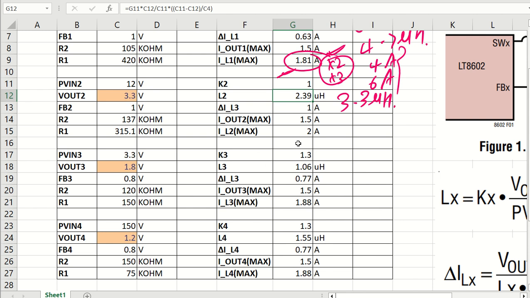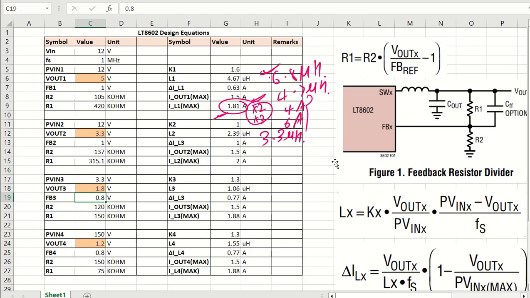coming back to PV in 3. So PV in 3, I am going to take this voltage output as voltage input for PV input 3, and in that case FB3 is 0.8, right? In the data sheet it was given for FB3 as 0.8, and with this same formula R1 R2 will be calculated.